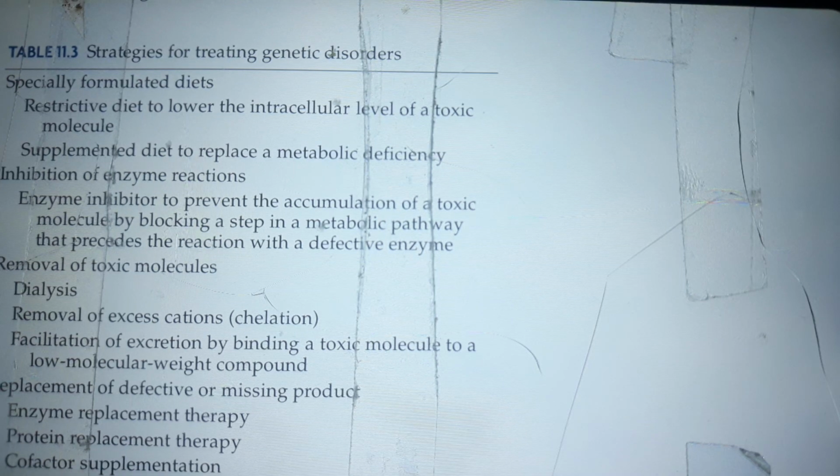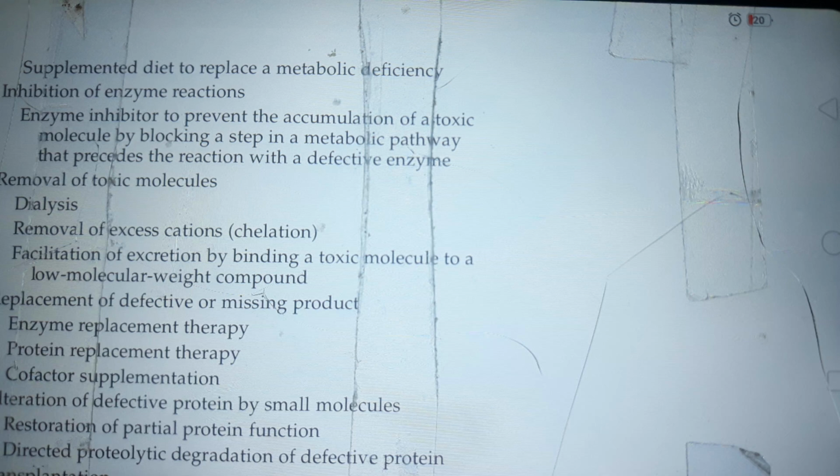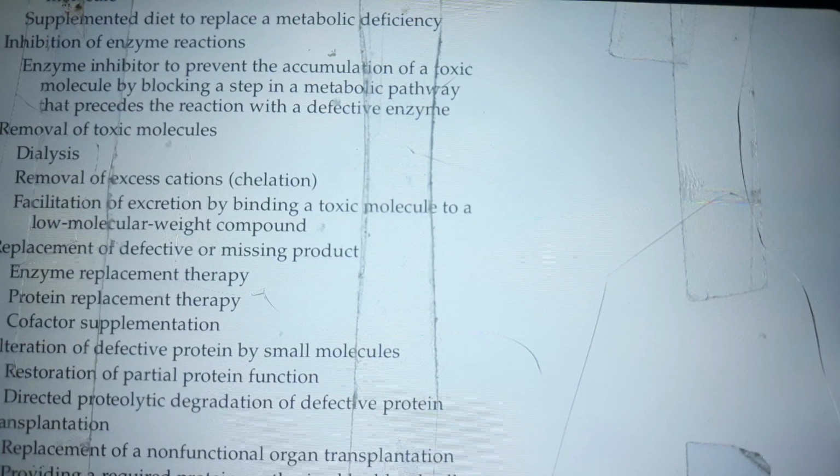So it was specially formulated diets: restricted diet to lower the level of toxic molecules, supplemental diet to replace a metabolic deficiency. Inhibition of enzyme reactions: enzyme inhibitor to prevent the accumulation of a toxic molecule by blocking a step in a metabolic pathway that precedes the reaction with a defective enzyme.